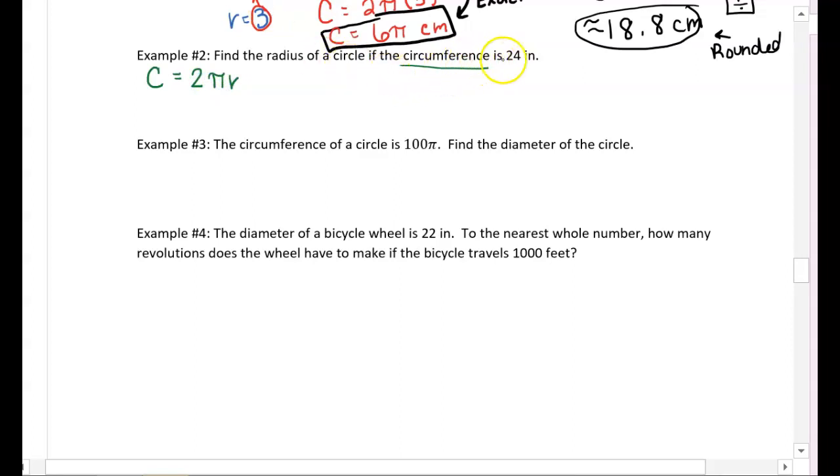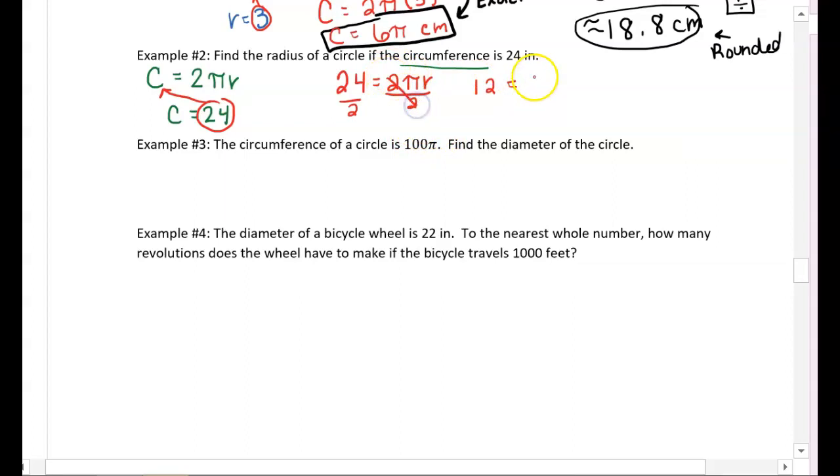Now we're given that the circumference is 24. So I'm going to plug this 24 into the circumference part of this equation. I can rewrite this as 24 equals 2 pi r. Now I just want to solve for r, so I'm first going to divide by 2, and 24 divided by 2 is 12.